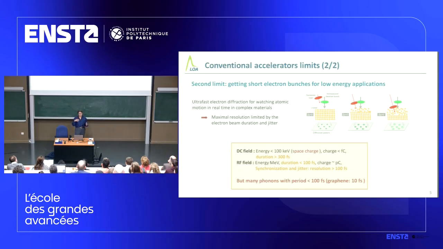And now with some radio frequency field techniques, it's possible to create electron bunches with duration below 100 femtoseconds, but with some shot-to-shot jitter between the electron bunches, which leaves us with a resolution still above 100 femtoseconds. 100 femtoseconds for an electron bunch is already really good, but there are some phonons, so some vibrations of the crystal, that have periods below 100 femtoseconds, such as in graphene, where we have a period of only 10 femtoseconds.